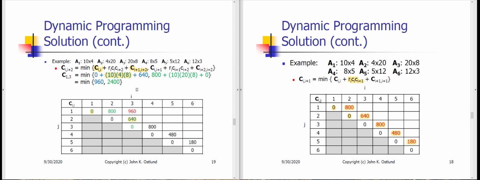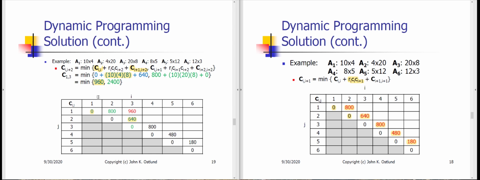So that's going to be 40 times 8 is 320. 320 plus 640 is 960, just like I have written here. I got myself very confused there for a second. All right, so 320 plus 640 is 960.